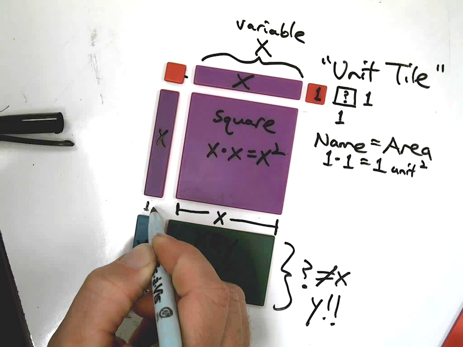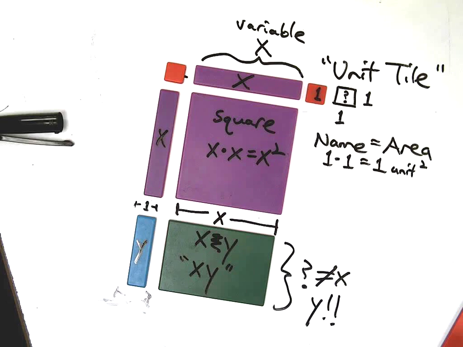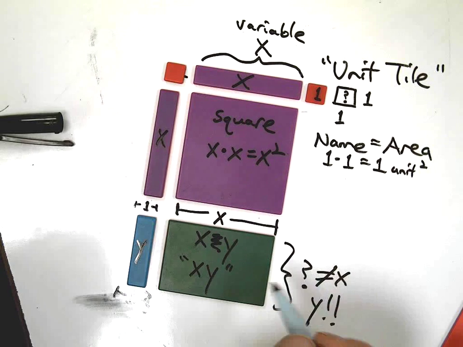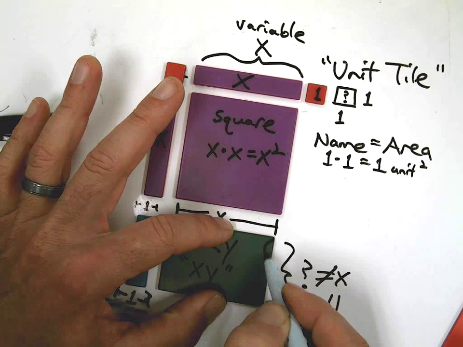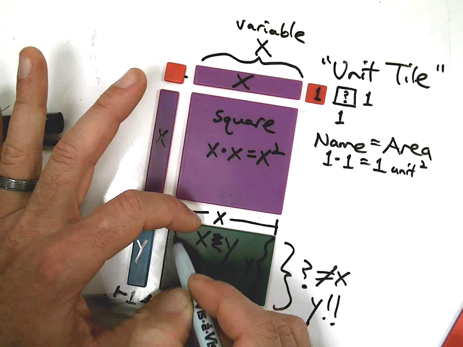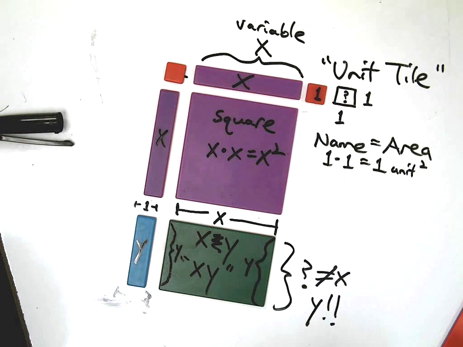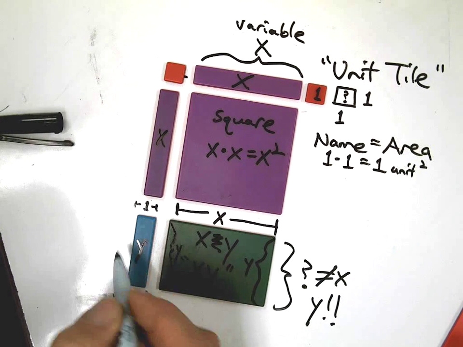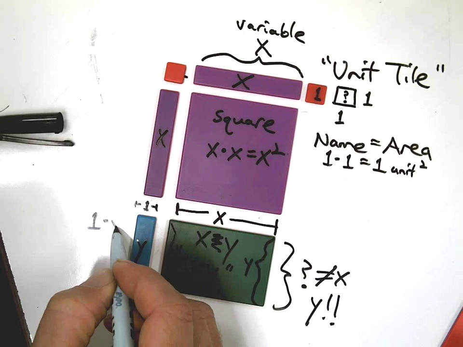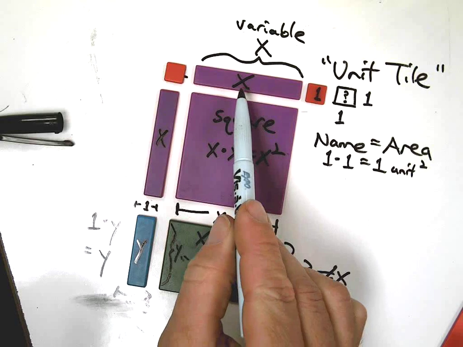I'll put the 1 right there. Okay, if that side is 1, and we already know that this side here is y, therefore, since it's a rectangle, this side is also y. This is 1 times y, which equals y.